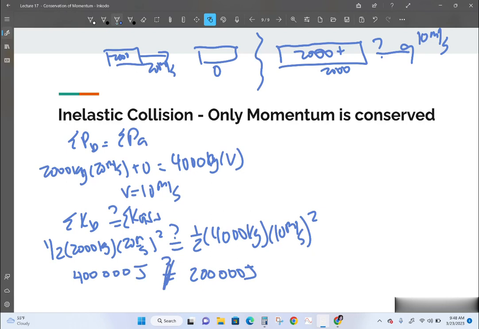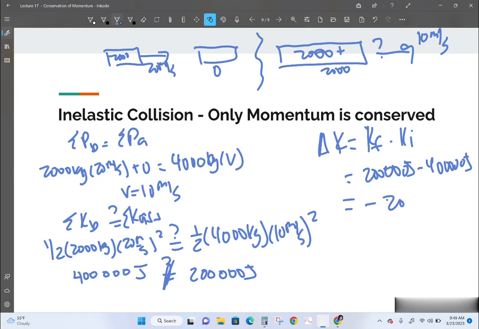The momentum is conserved, of course, always, always, always, but the kinetic energy isn't. So the change in kinetic energy was K final minus K initial, 200,000 joules minus 400,000 joules. So you lost 200,000 joules of energy.